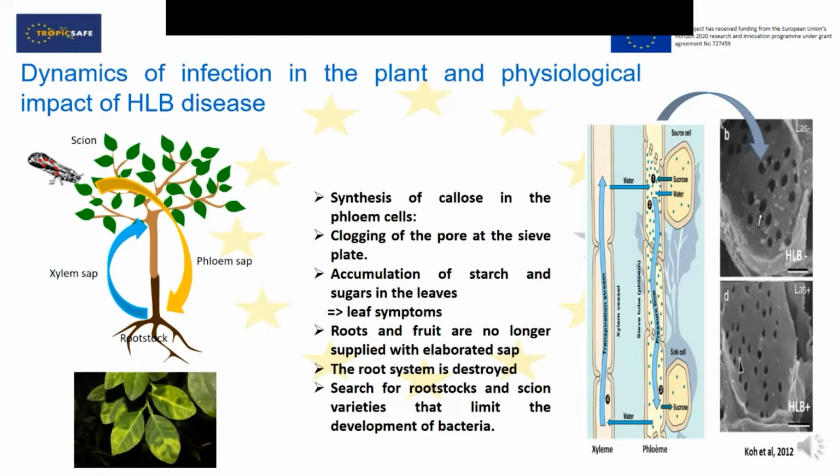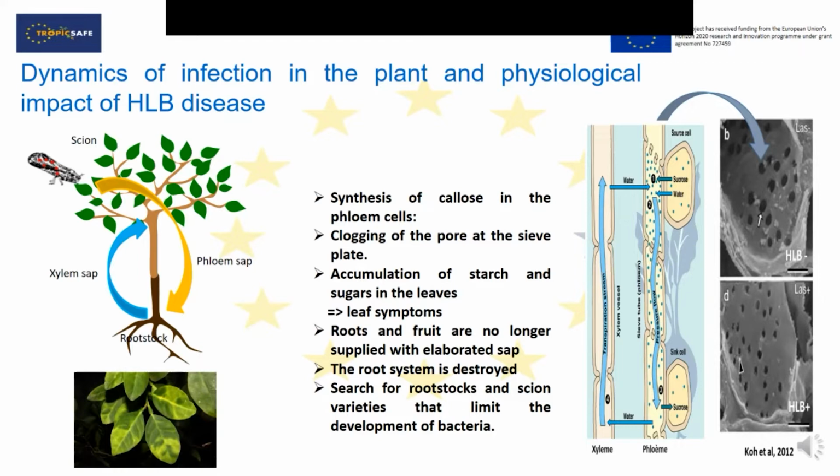To understand that, if you have a psyllid arriving at a tree and feeding on the leaf, it will put the bacterium in the tree, and very quickly the bacteria will be in the whole tree. So you will have a response of the tree for defense.